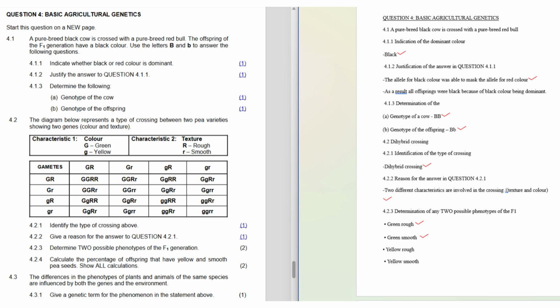We know this is a crossing involving two characteristics, which is a dihybrid crossing. If it was a monohybrid crossing, it would involve only one characteristic or only one trait.